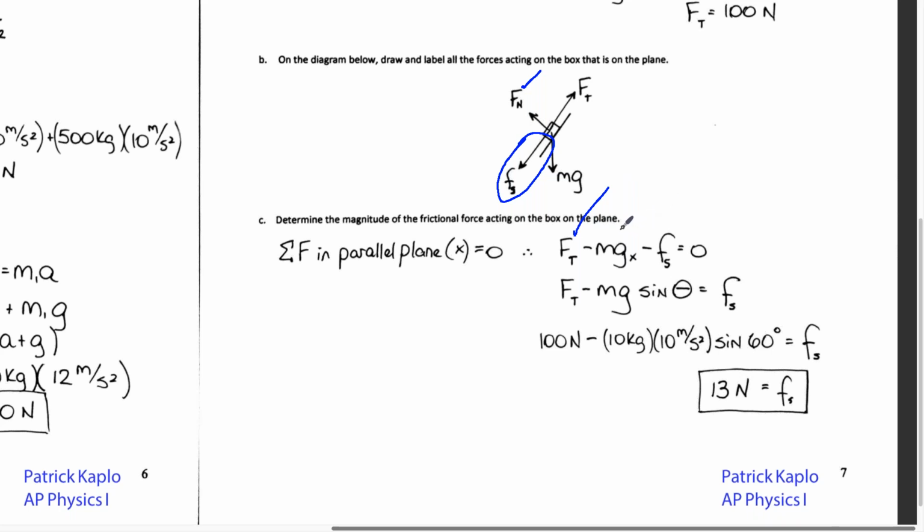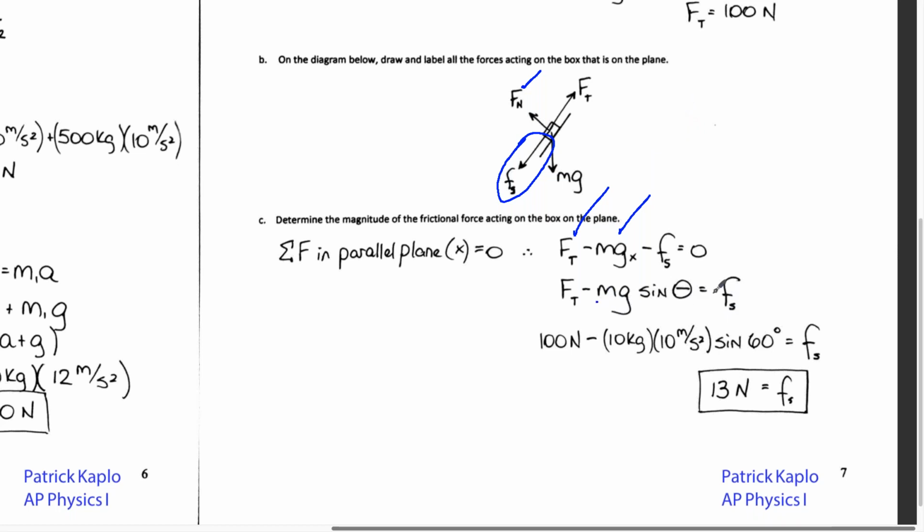And then we know that the parallel component of the weight, mgx, is mg sine theta. The reason is, again, we talked about this earlier, we flip-flop our trig because on an inclined plane, the geometry when referencing the y-axis with the angle theta creates trig components that are flipped.